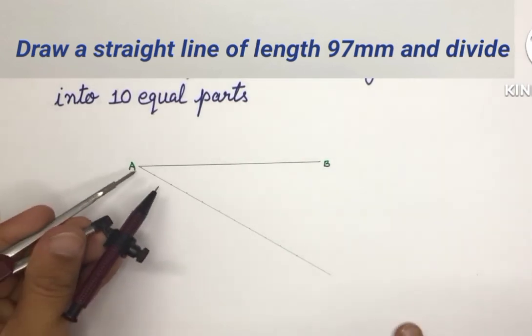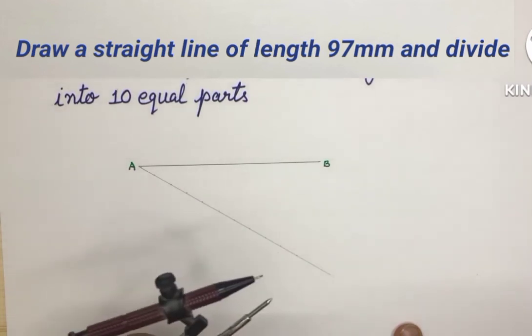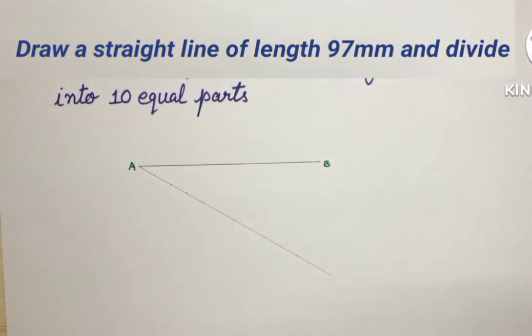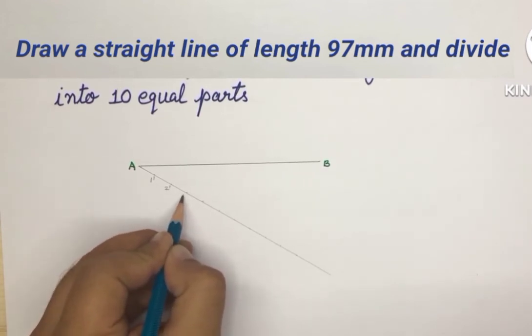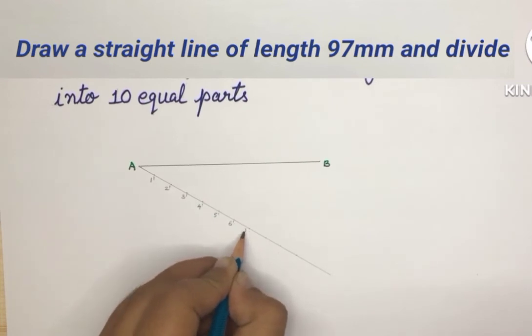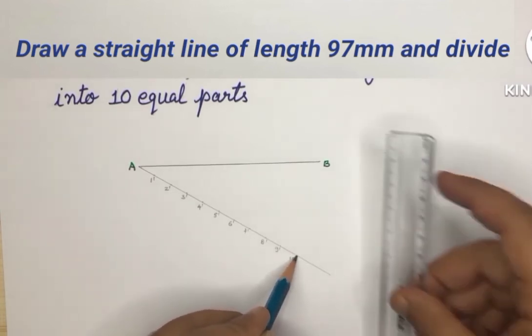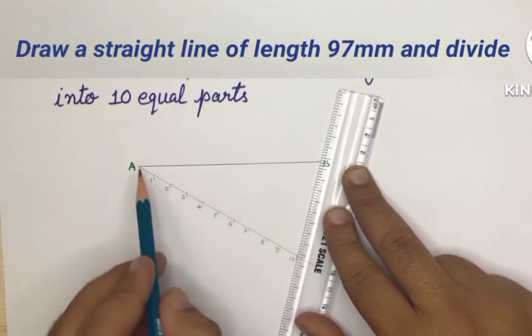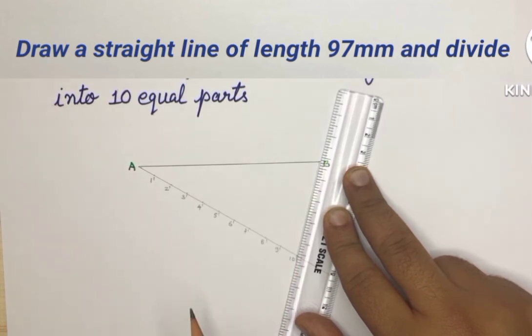We can also cut 10 number of arcs at equidistance using a compass. Now name these points 1 dash, 2 dash, 3 dash and so on. Next step, we will connect point 10 dash with the end point of this line B. This line should be faint.